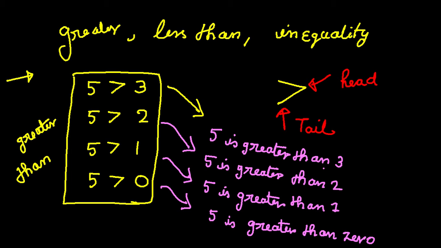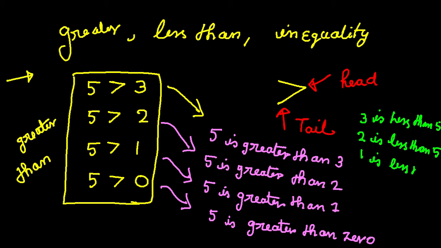What will you say? In other words, remember this, in other words you will write that 3 is less than 5, 2 is less than 5, 1 is less than 5, and 0 is less than 5.